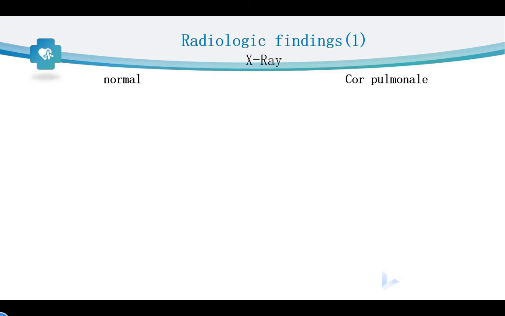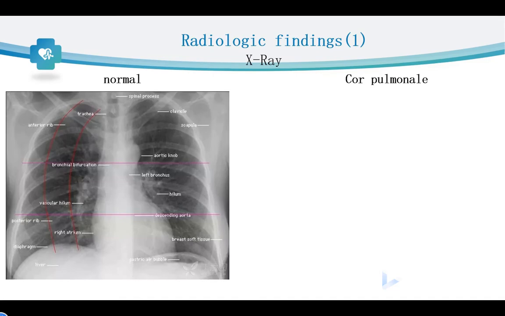Firstly, let's look at the X-ray. In normal condition, the lungs in the X-ray can be divided into 9 areas: superior, median, and inferior, lateral, median, and internal.